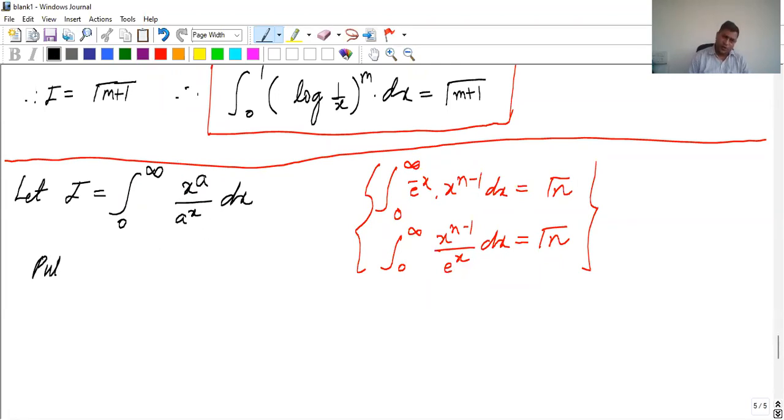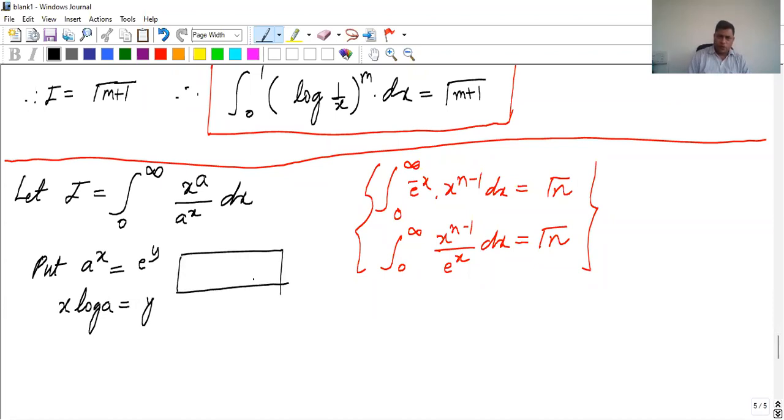So what we can do is put a raised to x is equal to e raised to y. Taking log on both sides, we get x log a is equal to y. Now, what about the limits?